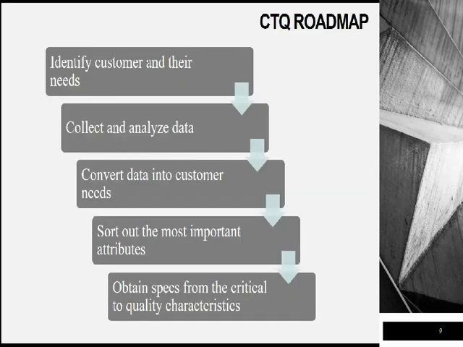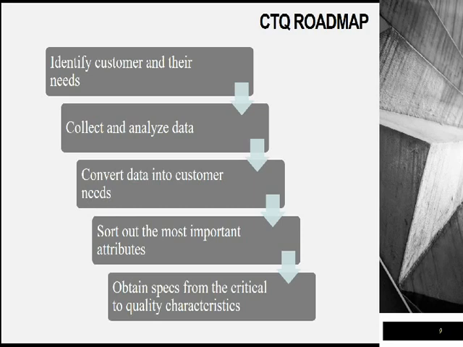Okay, based on critical to quality concept, now it is possible to deploy a roadmap or guide. Firstly, as previously said, it is necessary to know who are the customers, internal or external, and what they want or their needs and expectations. Then, it's mandatory to collect data through reactive approach or proactive approach.